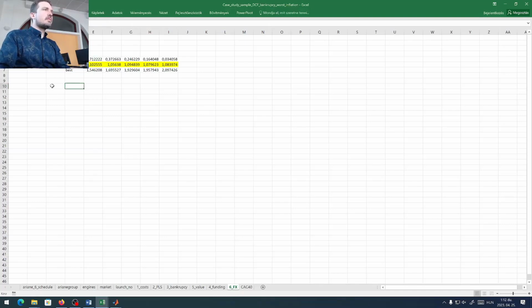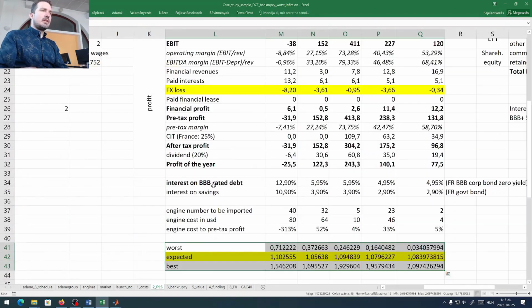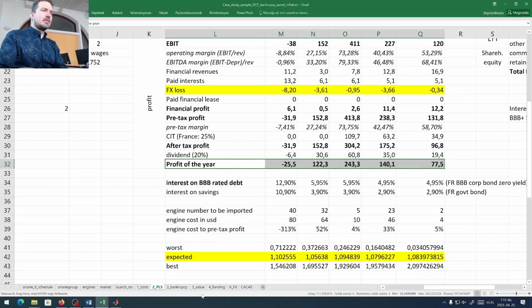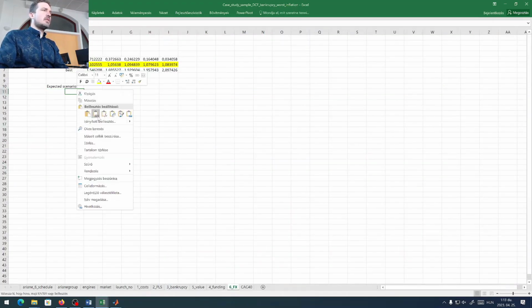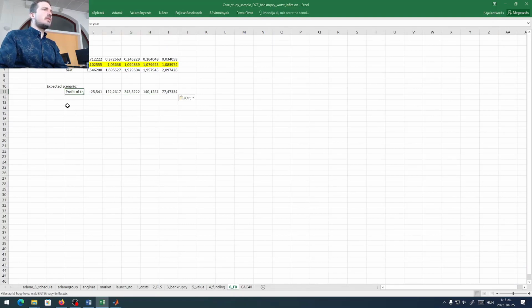So for each year, for the expected scenario, we have the profit and loss statement. Let's copy the profit of the year, just with the numbers. We don't want to connect it later on, and maybe we have to change them. So profit of the year and expected scenario.